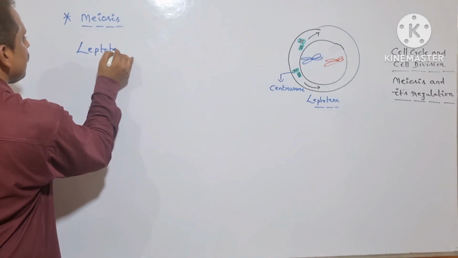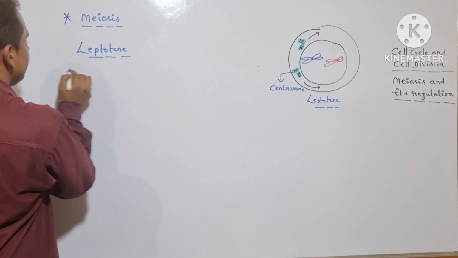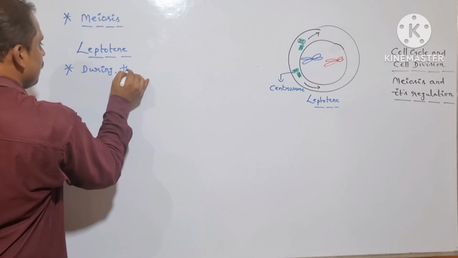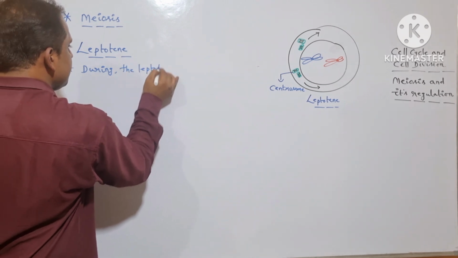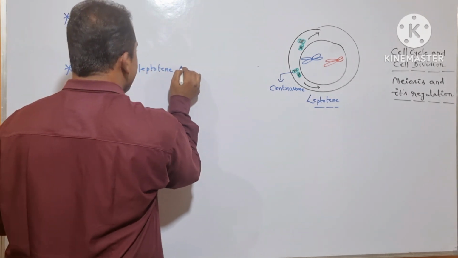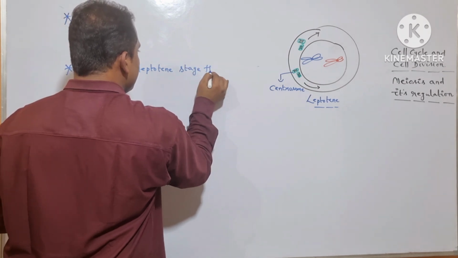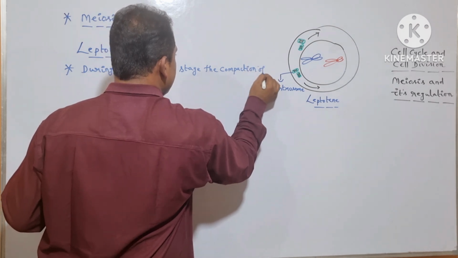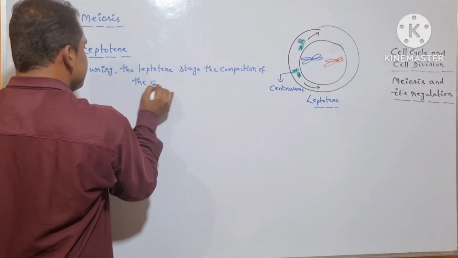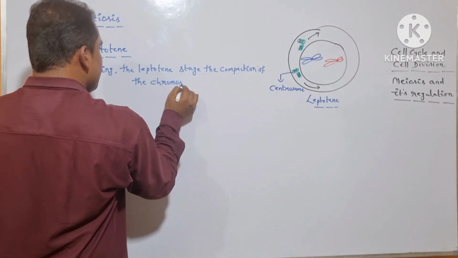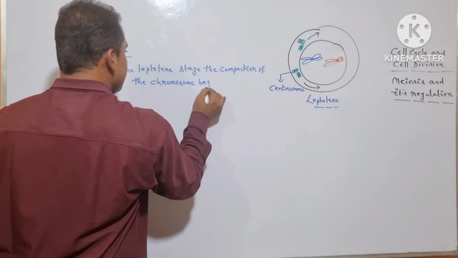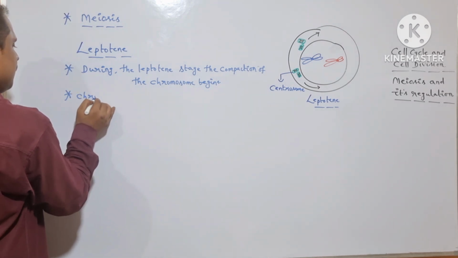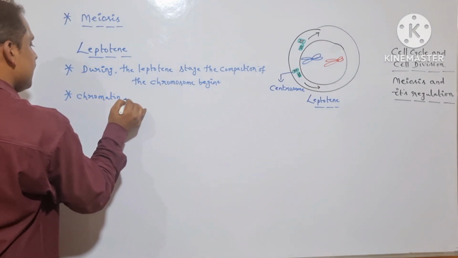Leptotene. So here during the leptotene stage, the compaction of the chromatin material or the compaction of the chromosome begins. So the chromatin material starts remaining in condensed form.